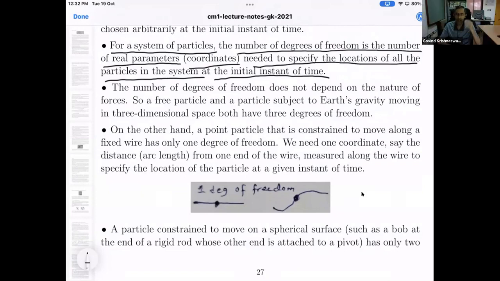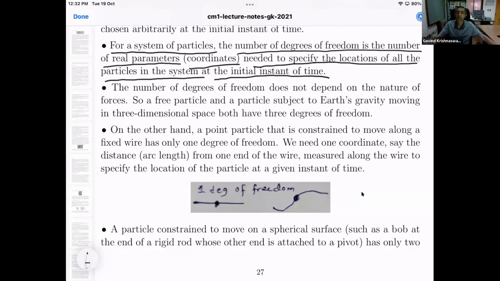Your question is well taken. The short answer, it has no relevance to the number of degrees of freedom. It does say that the particle can't escape through the door or the window and so on, but you still need 3 real parameters to locate it within the room. Of course, those real parameters cannot go from minus infinity to infinity. They need to go from 0 to 4 meters or something, depending on the size of the room, but it is still a real parameter.